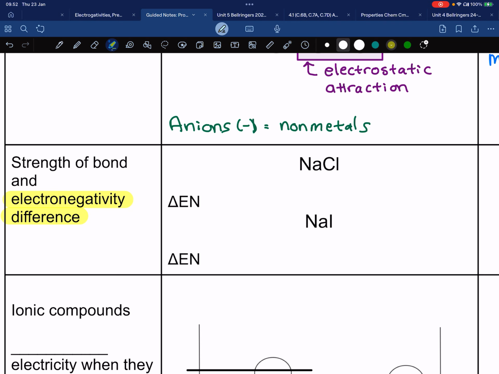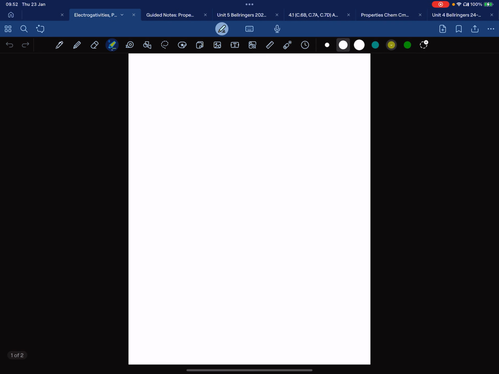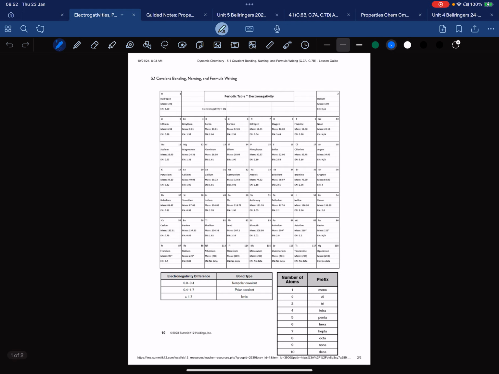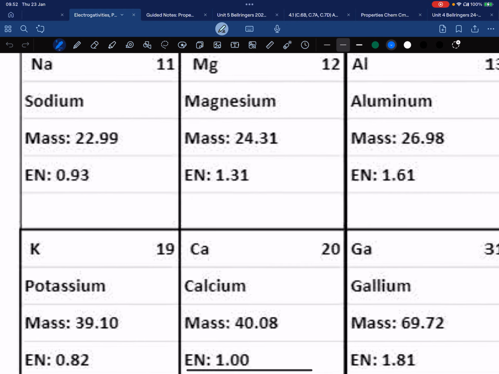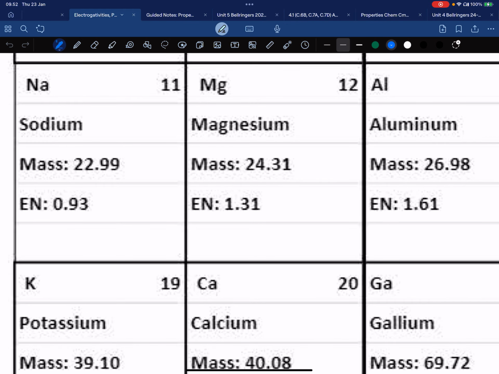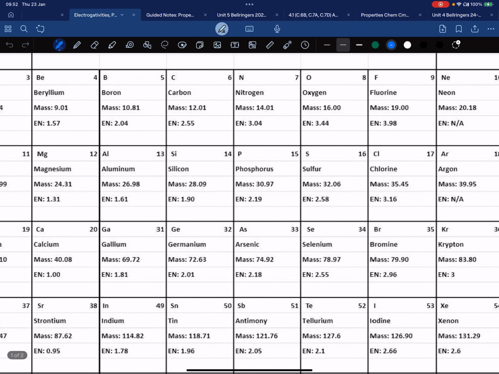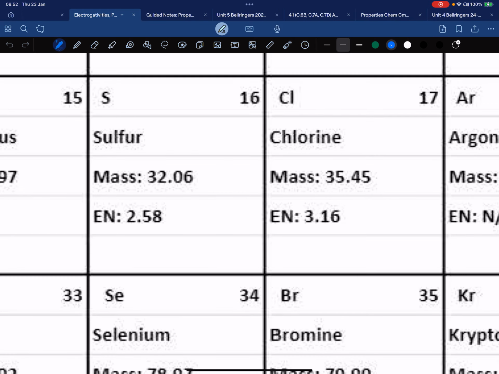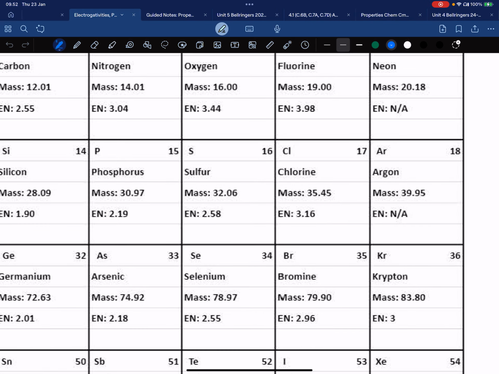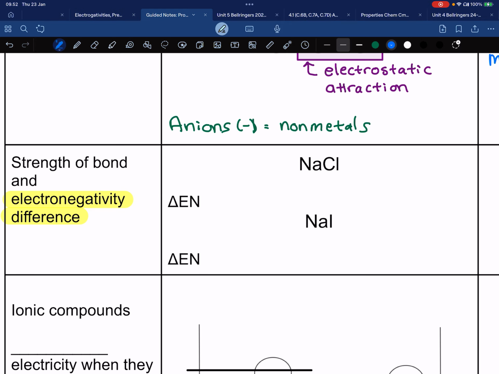So I'm going to go to my electronegativity table, and I'm going to find sodium, and the electronegativity is 0.93, and chlorine, and the electronegativity is 3.16.